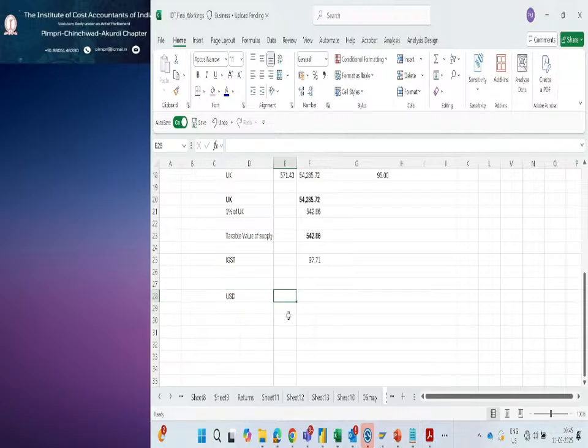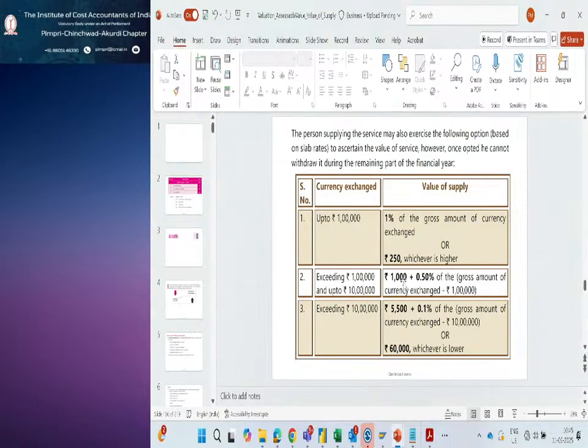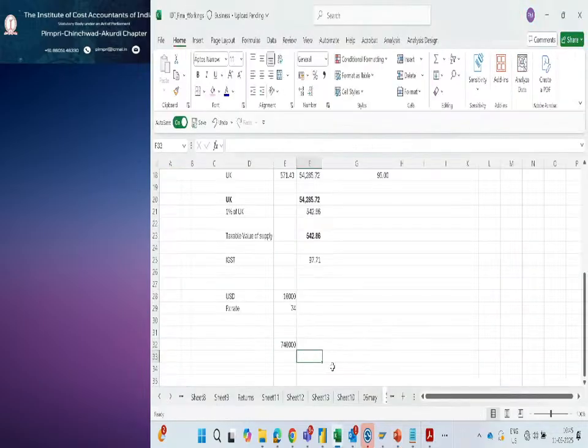US dollar is 10,000, and the FX rate is 74. So how much does it come to? 10,000 into 74, that is 7,40,000. So our taxable value of supply has 1000 in it.